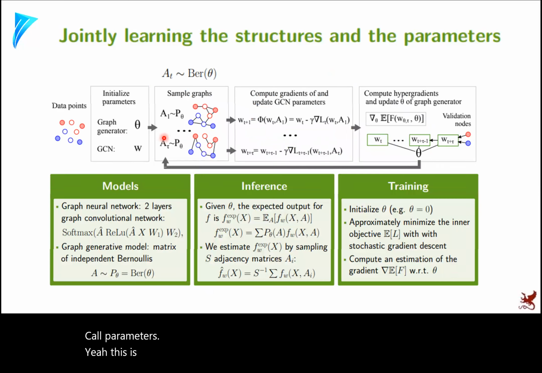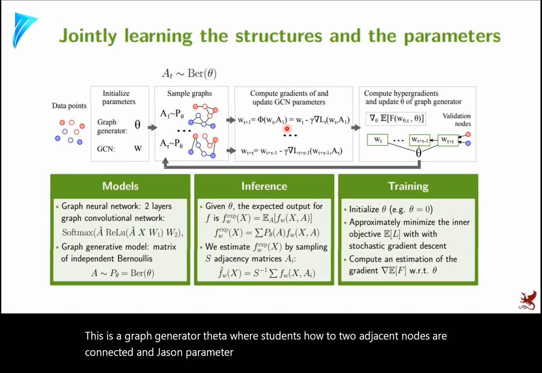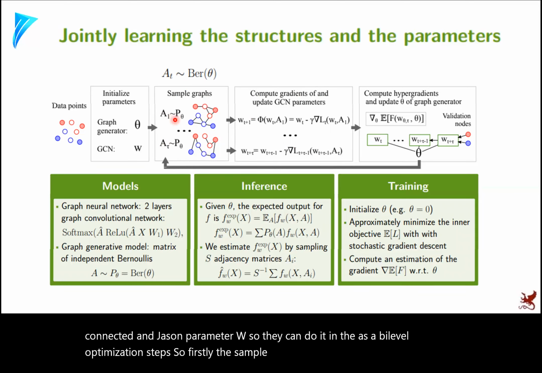Given the data points, the graph generator theta, which denotes how each two adjacent nodes are connected, and the GCN parameter W, they can do this as bi-level optimization steps. Firstly, they sample the graph from this p theta and compute the gradients of the GCN parameters.